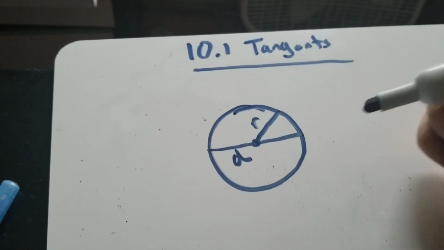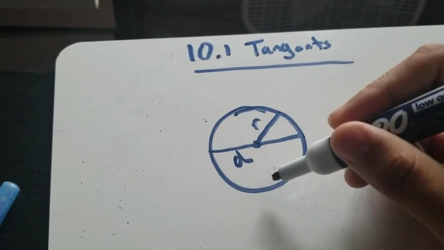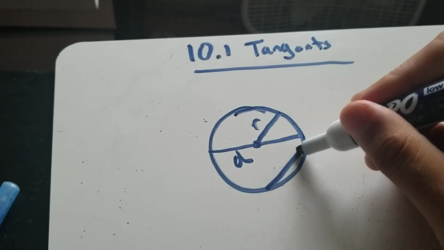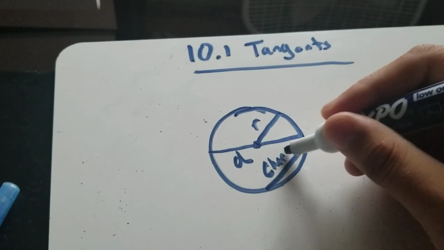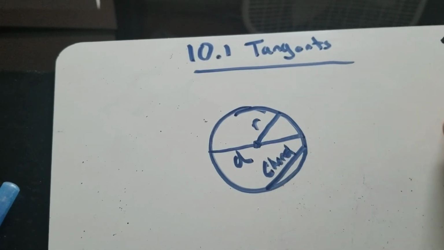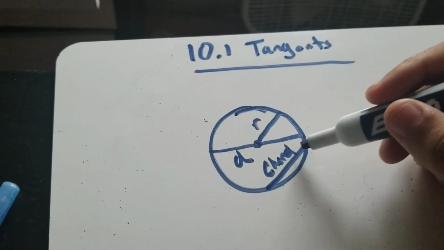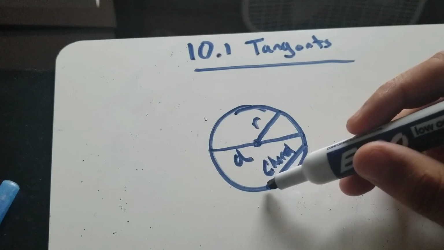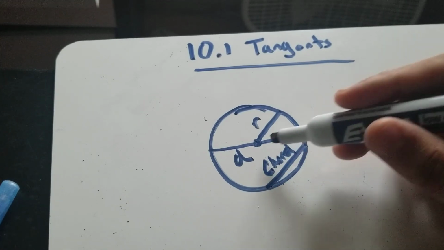Here's a new word, and I'll put all the vocabulary into the Google Classroom description so I don't have to waste time writing it down. This right here is a chord. A chord is a line inside the circle that doesn't pass through the middle. Notice it goes from the edge of the circle to the edge of the circle, but doesn't hit the middle.